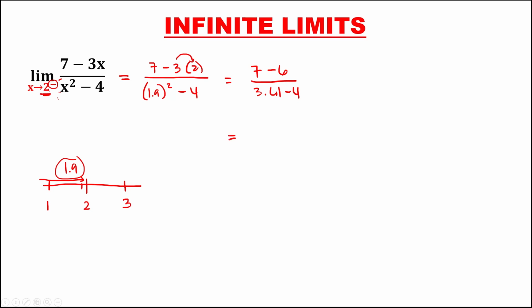Then we need to take the sign. Since positive 7 is greater than 6, this one is positive, over, since negative 4 is less than 3.61, this one is negative. Then positive divided by negative is negative infinity. So the limit is negative infinity.